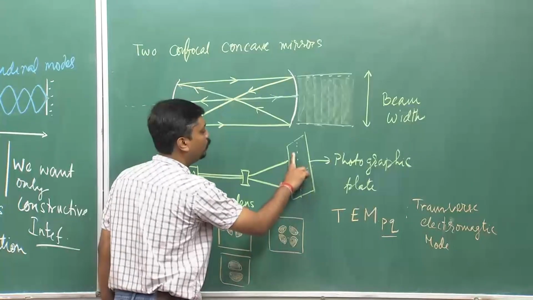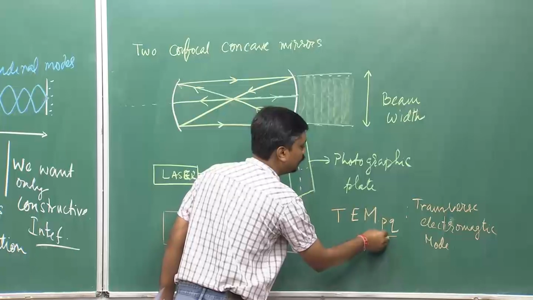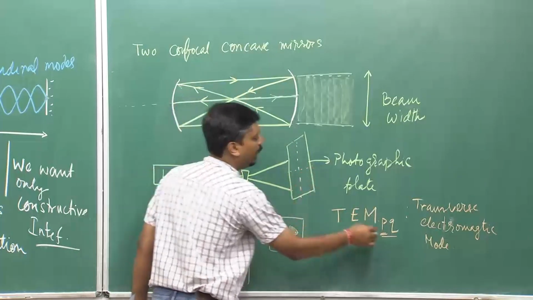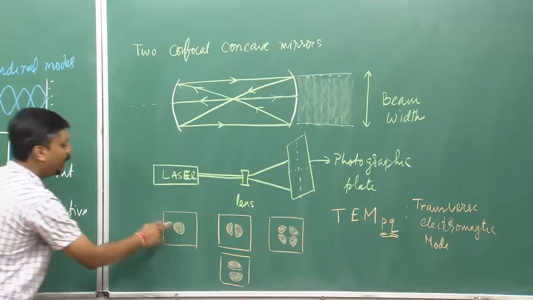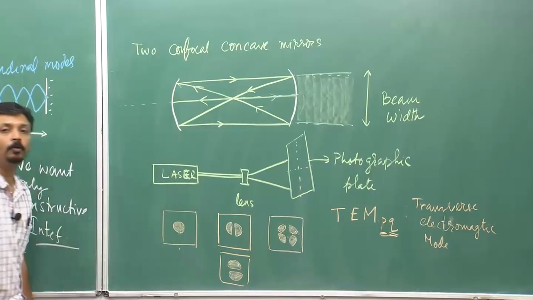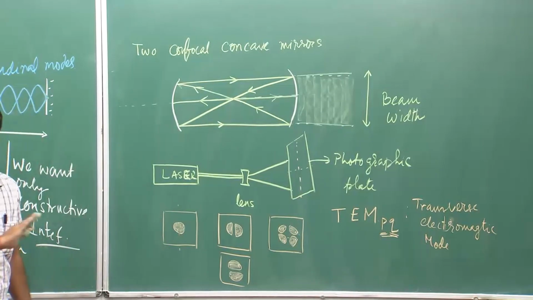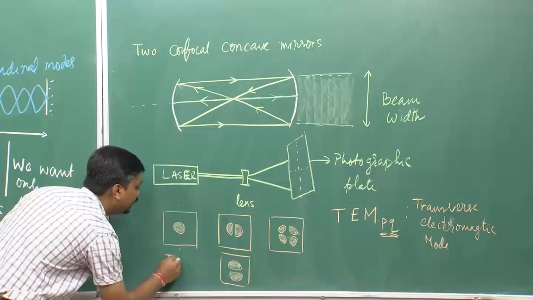So, if I look into this direction, I will get what is the number of nodes, that is P. If I look into the other direction, I will get the number Q. So, here if I look in this direction, I see number of nodes 0. This is just a solid circle. So, there is no node. Okay. So, 0 node. So, TEM.